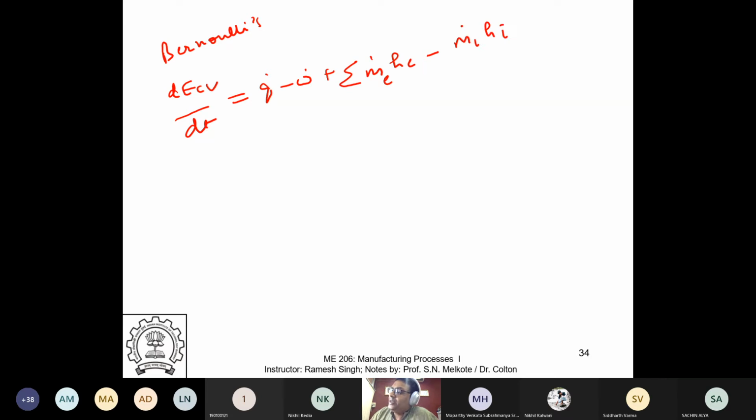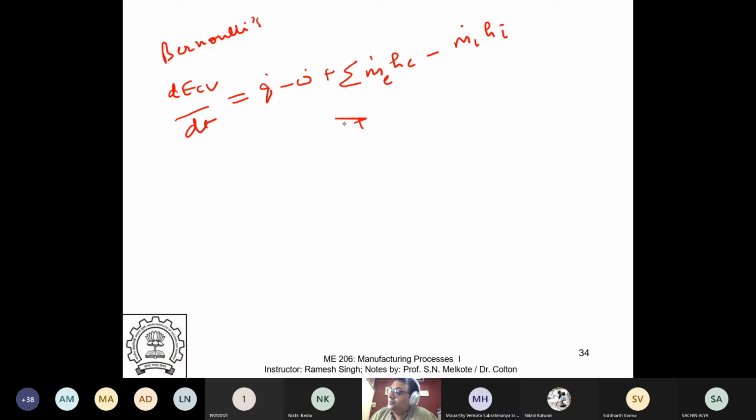This Bernoulli's equation comes from this: dE_CV/dt is equal to Q dot minus W dot plus the sum of m_i dot h_i minus the sum of m_e dot h_e, right?